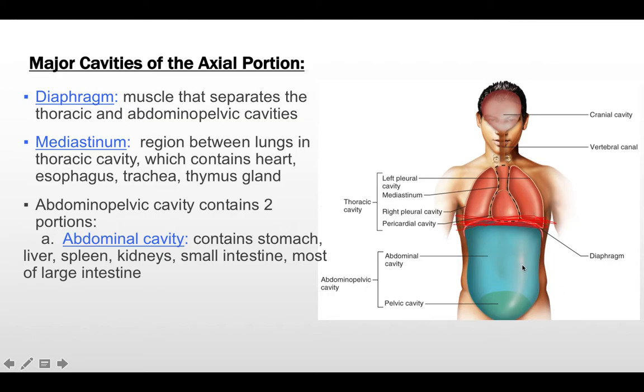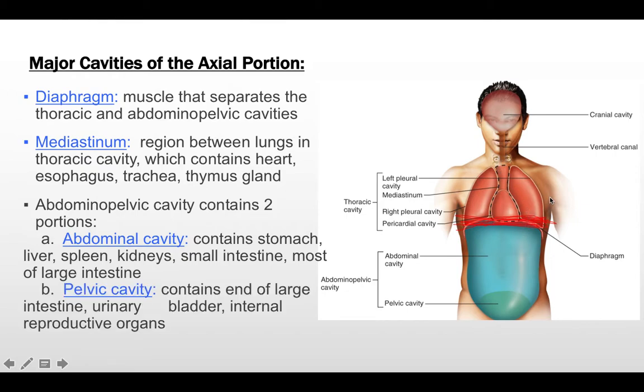And then kind of arbitrarily separated, there's not a huge muscle like there was up here with the diaphragm or a sac like the mediastinum. The pelvic cavity just has the lower end of your large intestine, your urinary bladder, and the internal portion of your reproductive organs. So your ovaries if you're a female, or your prostate gland, for example, if you are a male.